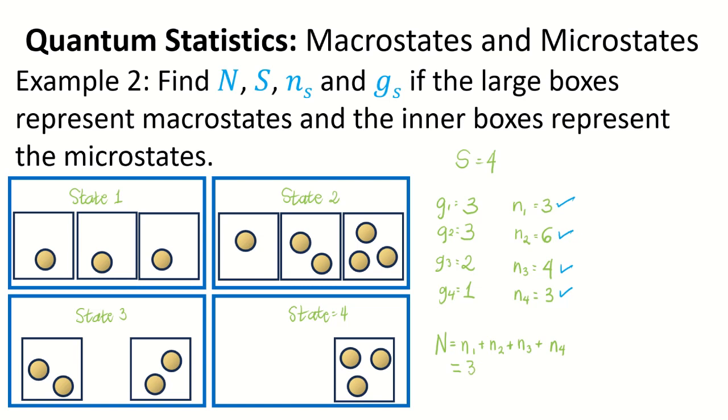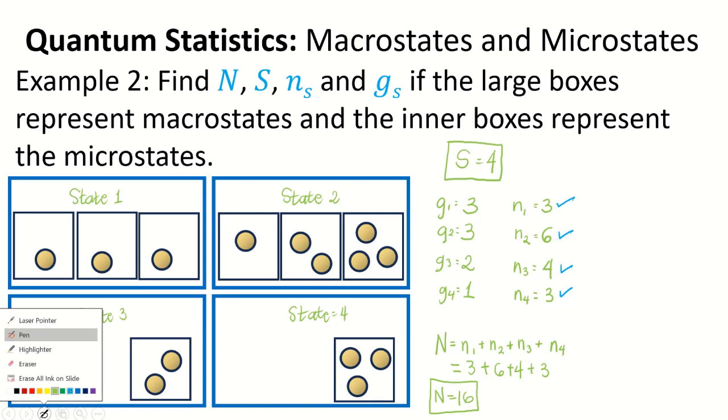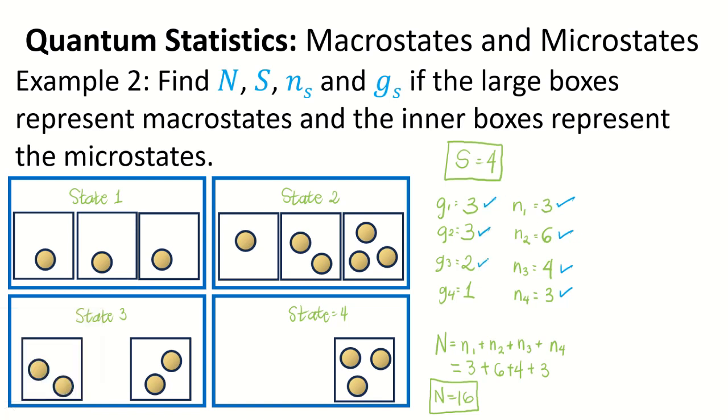N sub 1 is equal to 3, n sub 2 is 6, n sub 3 is 4, and n sub 4 is 3. Therefore, the total N is equivalent to 16. Total S is equivalent to 4. All the n sub s are already accounted for, and also all the g sub s are also solved. That solves our example 2 problem.